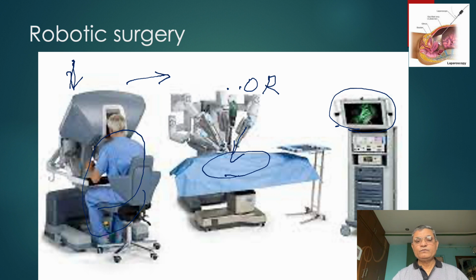This system is even more superior than laparoscopic surgery, but it is more expensive also. Initially it was introduced for performing urological surgery like prostatectomy.